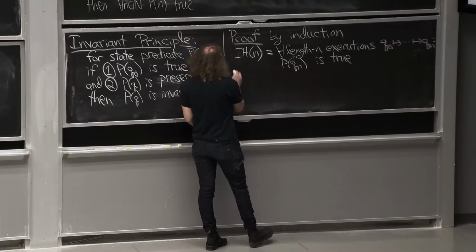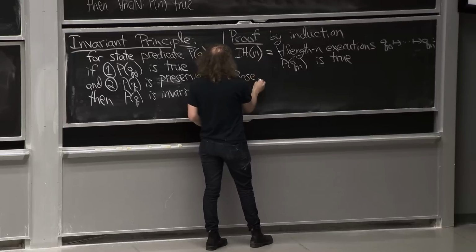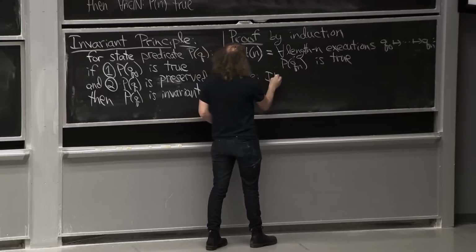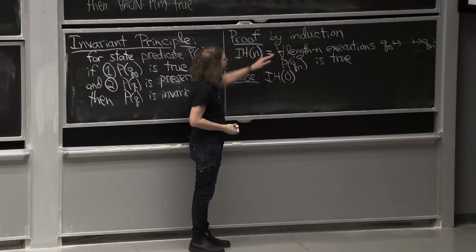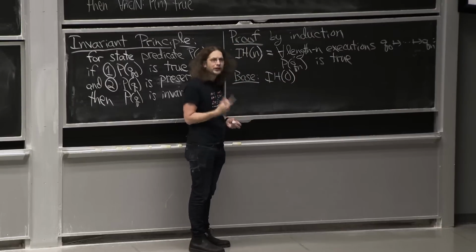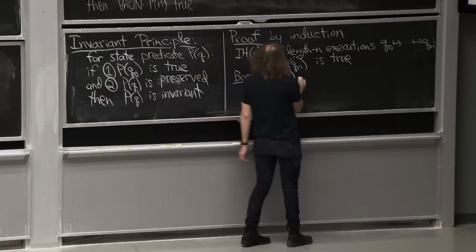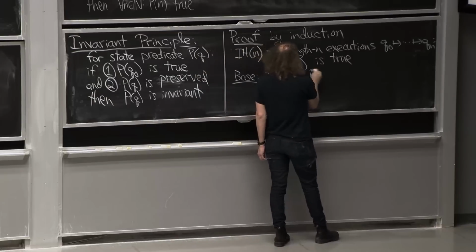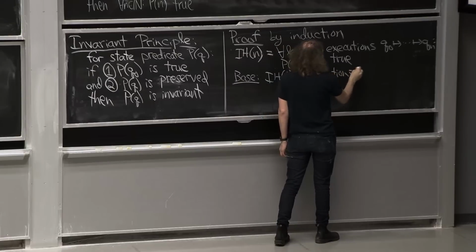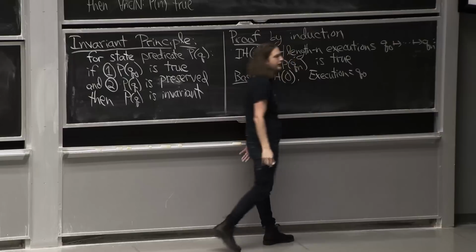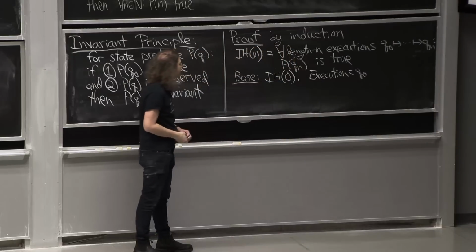So let's do a base case, IH of 0. Well, that's all length 0 executions. There's only one length 0 execution. That is just Q0. You start at Q0 and you stay there. That's length 0.